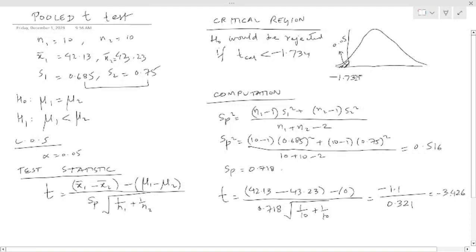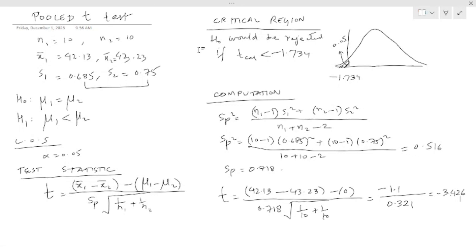We will indicate this as minus 1.734 since it is located on the left part under the curve, and we state the critical region accordingly as H0 would be rejected if t calculated is less than minus 1.734.